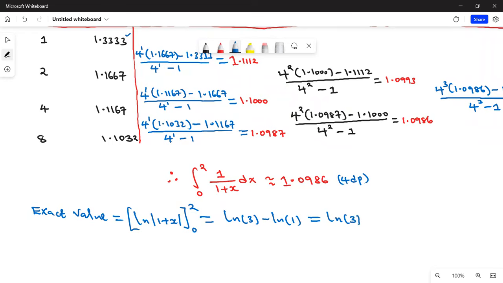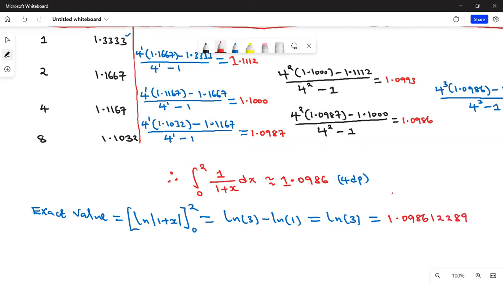You can press in your calculator, what is natural log of 3? In my calculator, ln 3 is approximately equal to 1.0986 2289.